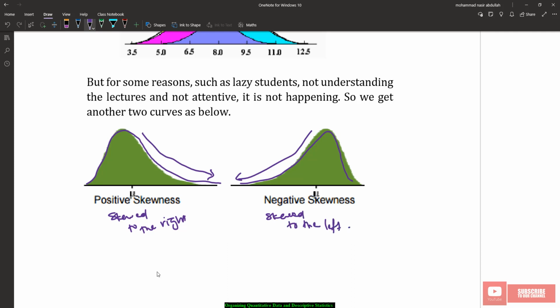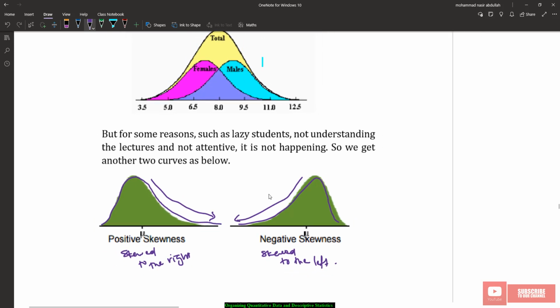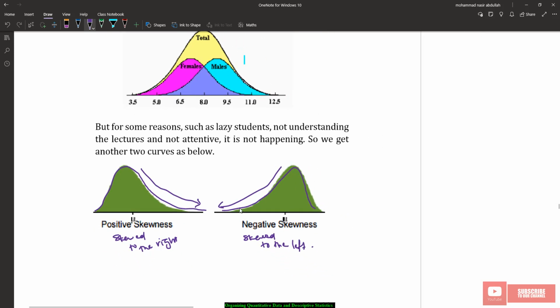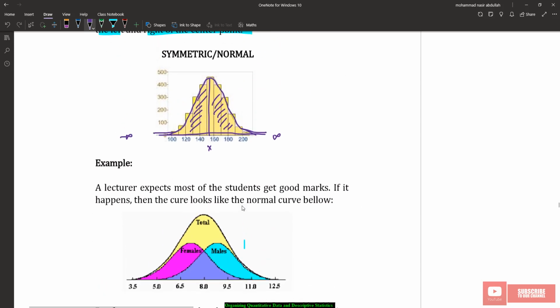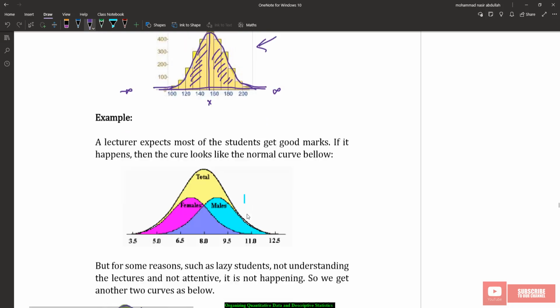Skewed to the left distribution, skewed to the right distribution, right? So I hope you understand the shape of distributions. We will use this throughout this subject, right? And this is what we call symmetric distribution or normal distribution, right? Later on in the next topic, I will use the term normal distribution to indicate this type of distribution, right? Okay.